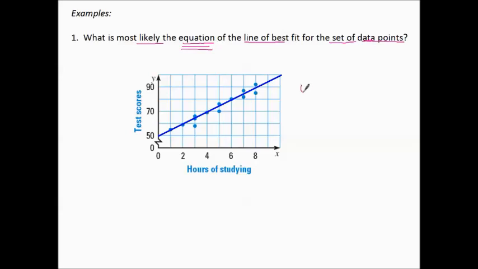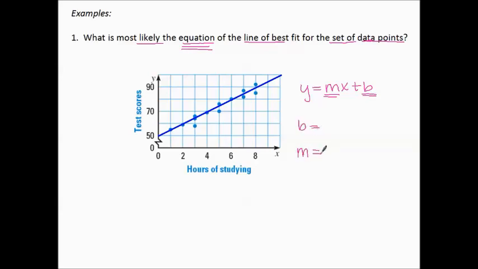Well, remember, for an equation, I want to write it in y equals mx plus b. Earlier in the unit, we looked at graphs to determine these. Remember, I need my 2 parts. I need my m and my b. Let's see if I can get those from the graph.